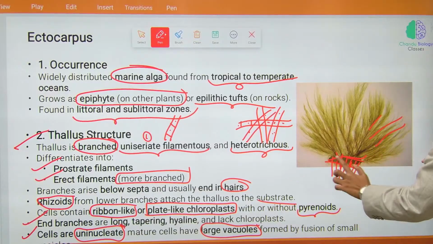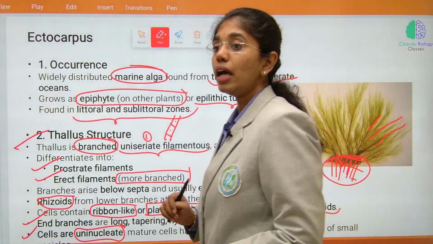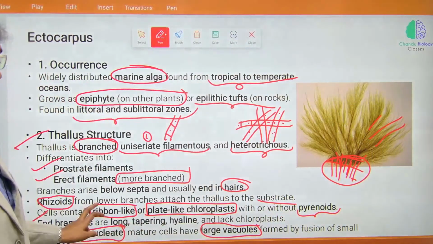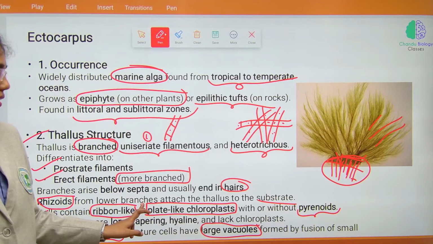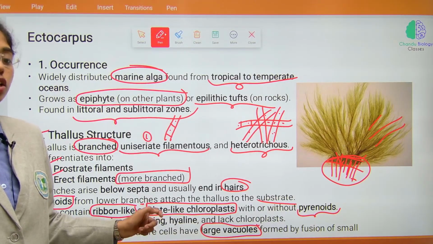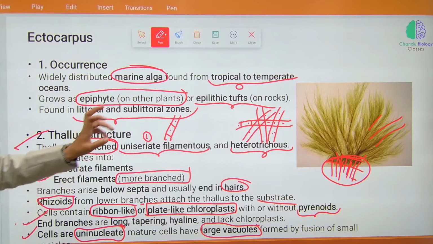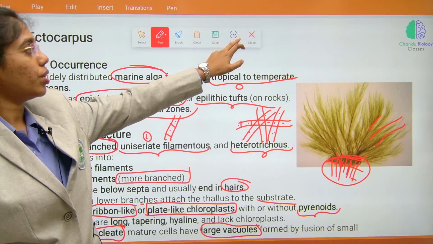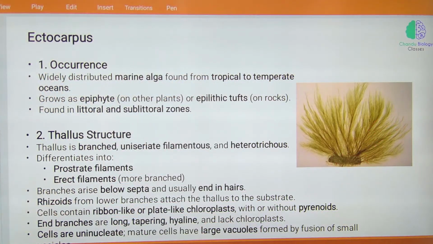Rhizoids form at the base of the substrata, and the cells contain ribbon-like or plate-like chloroplasts, with pyrenoids either present or absent. End branches have tapering ends. Cells are mostly uninucleate, with large vacuoles formed by fusion. This is the basic description of the Ectocarpus thallus.